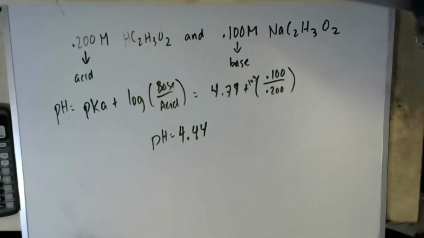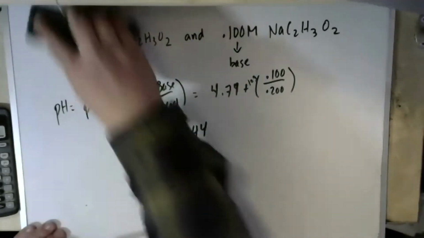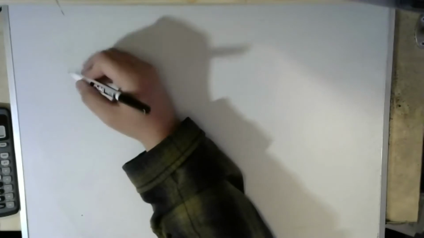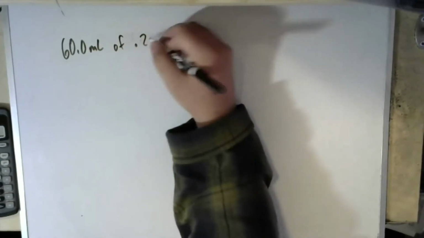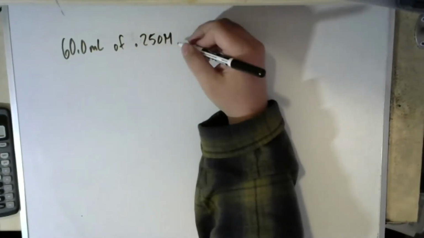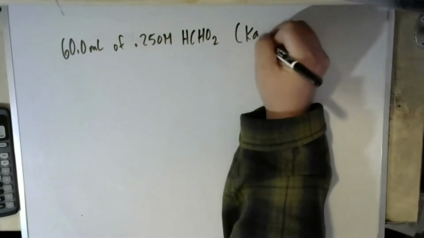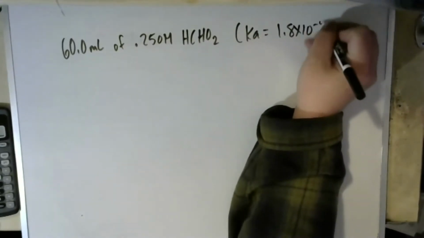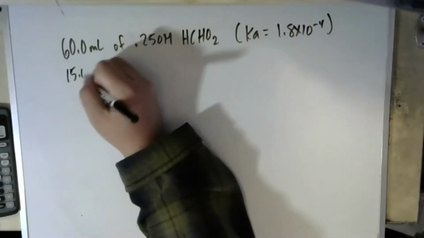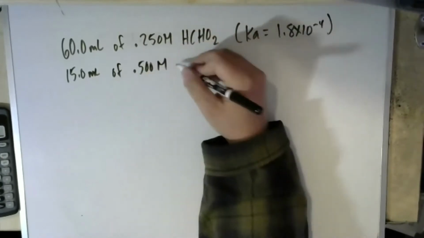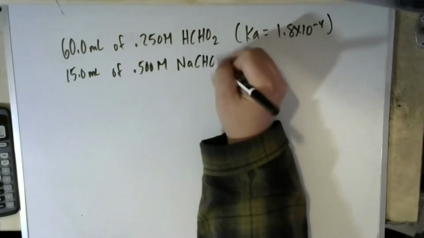All right. Let's try one more example. Here we're looking at the calculation of the pH of a buffer that results from mixing 60 milliliters of 0.250 molar HCHO2 and 15 milliliters of 0.5 molar NaCHO2.